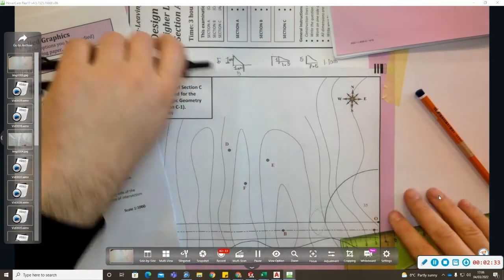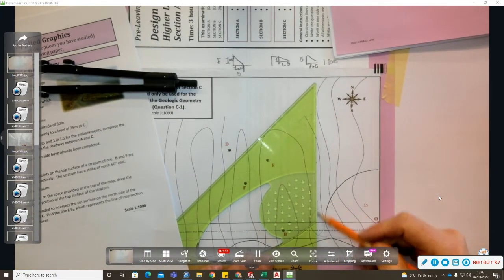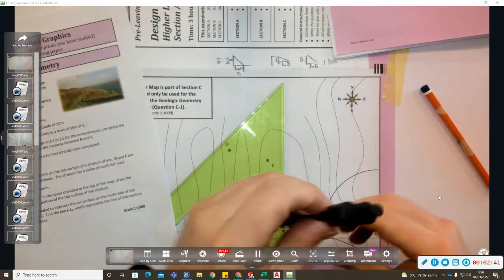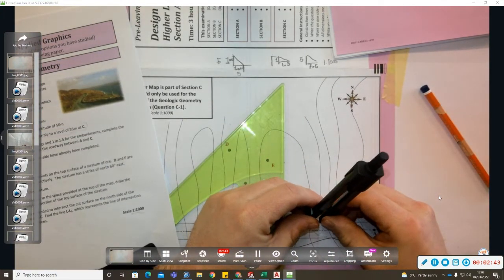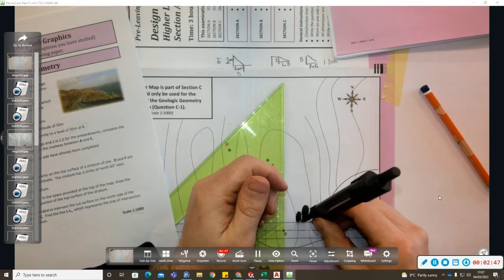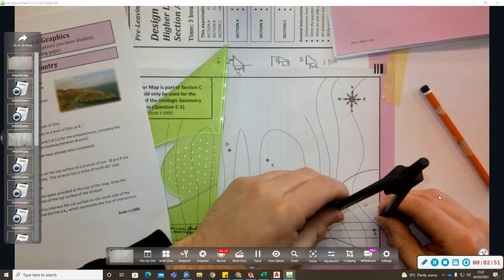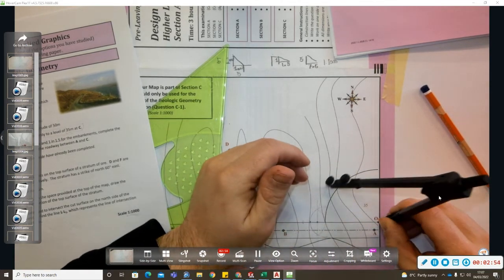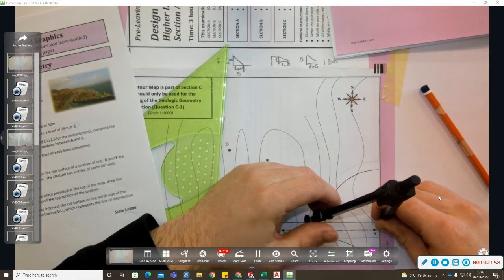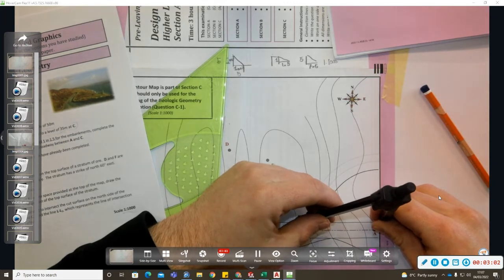So 15 there, this is halfway, and be as accurate as you can, very important. There's the next one. Compass on O, we're going to swing an arc here, next one here.